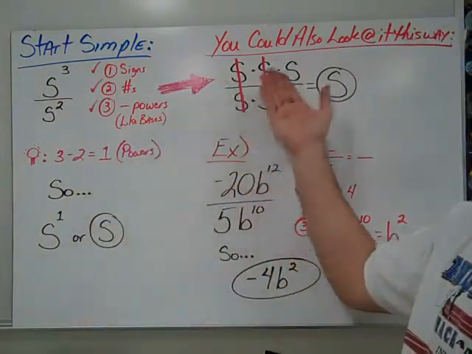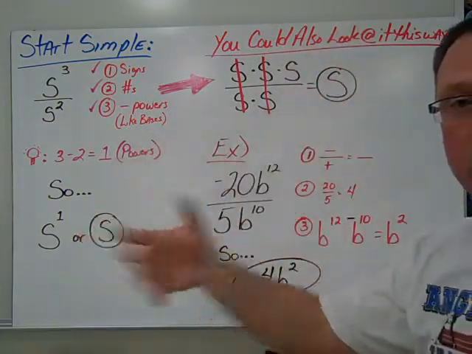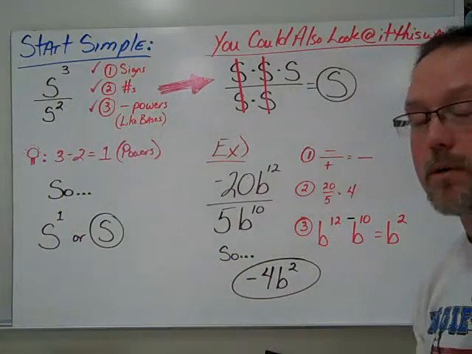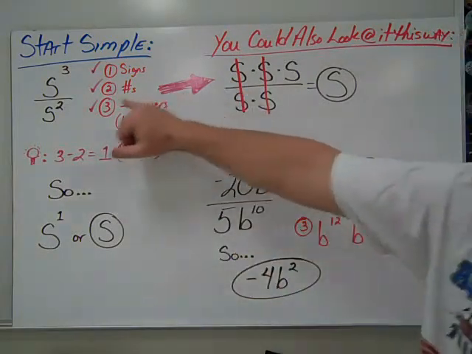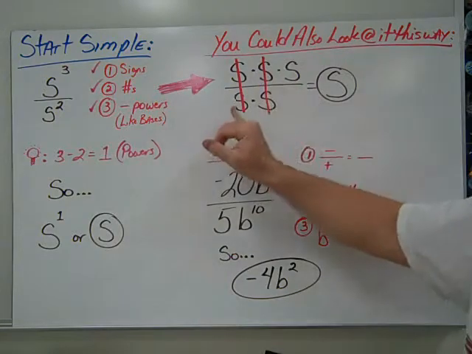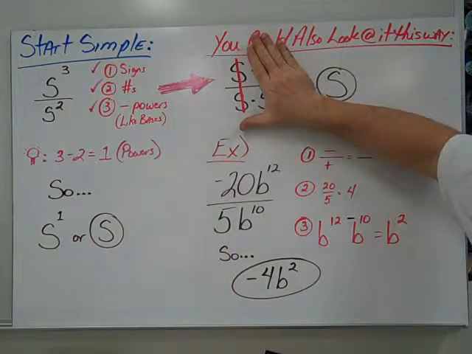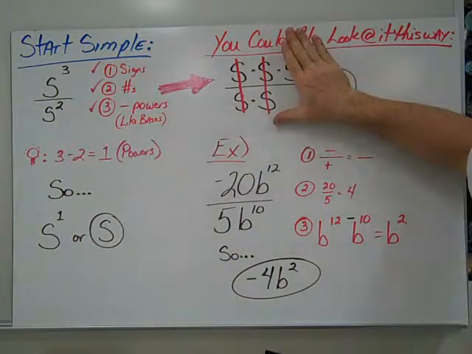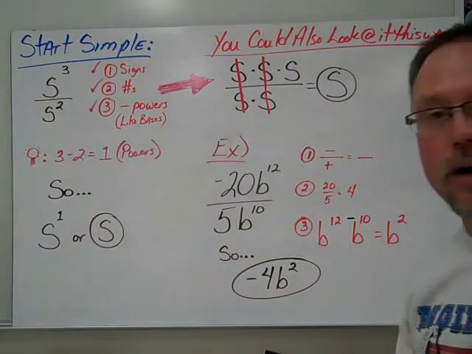Now the other way that you can think of this is we can actually expand it out and start canceling out what is on top and what is on bottom. In the top part we have 3 s's, in the bottom part we have 2 of them. Well, we can take this as s divided by s, which would be 1, s divided by s, which would be 1, and finally that would leave us at s for our answer.